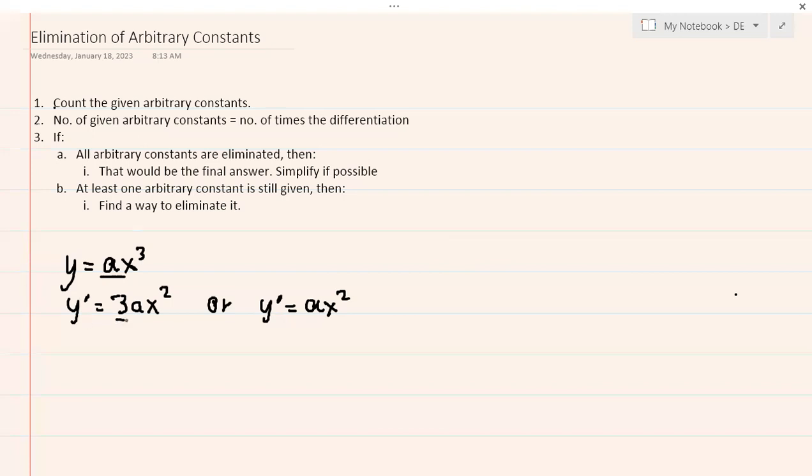So, tingnan mo tong dalawa. Itong si 3 at saka si A. Di ba, dalawang constant terms na magkadikit-dikit to? So, kung magkadikit-dikit sila, anong ibig sabihin nun? Di ba, imumultiply mo? Right? So, if you're going to multiply a constant and a constant, anong sagot pa rin? Di ba, constant pa rin siya?